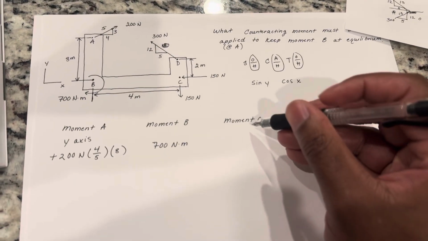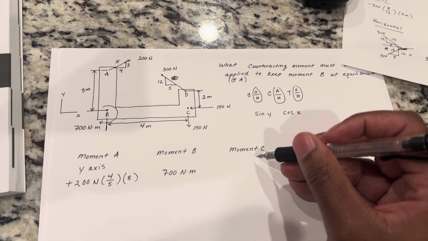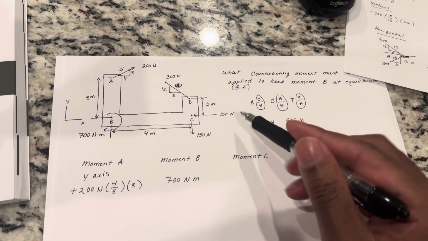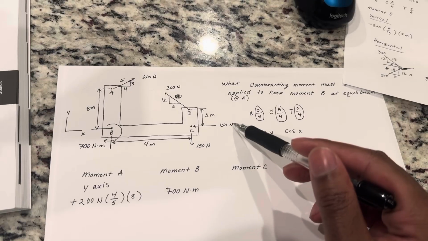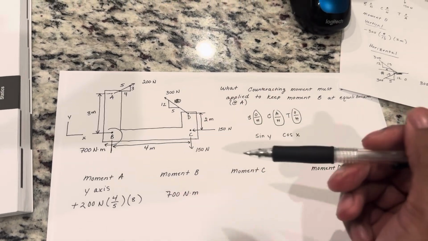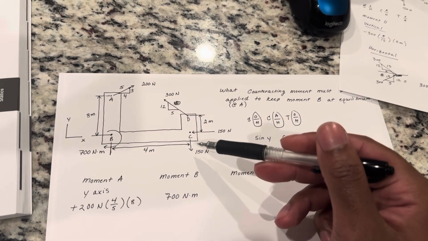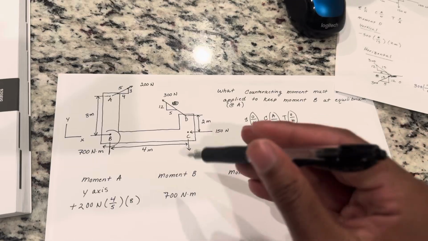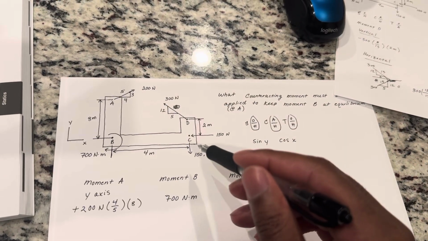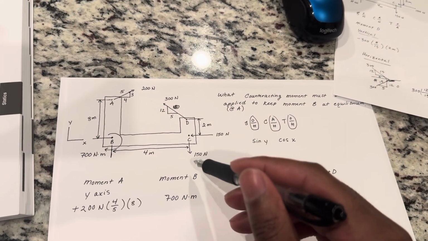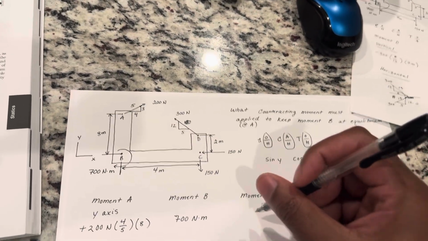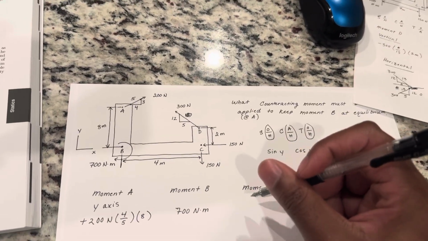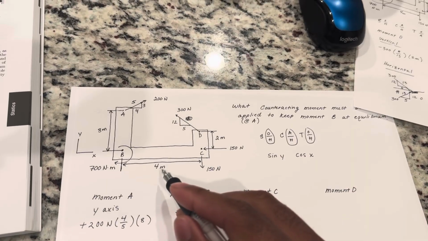Let's take a look at moment C. It has one force of 150 driving down, and another at 150 driving down. Regardless of what it is, it's going to be 150, with a distance of 4.